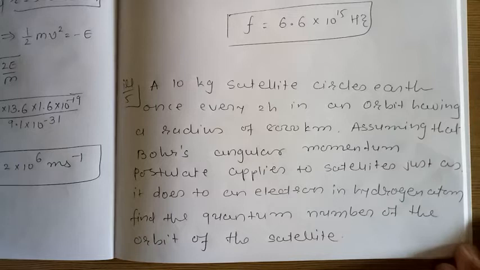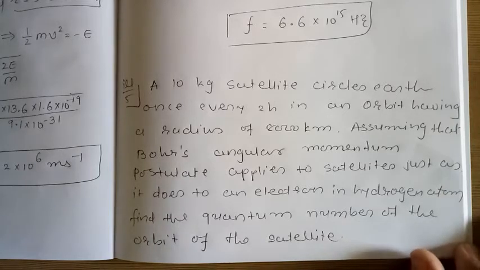We know the mass of the satellite is 10 kilogram, and this satellite circles Earth once every 2 hours. So the periodic time is 2 hours.